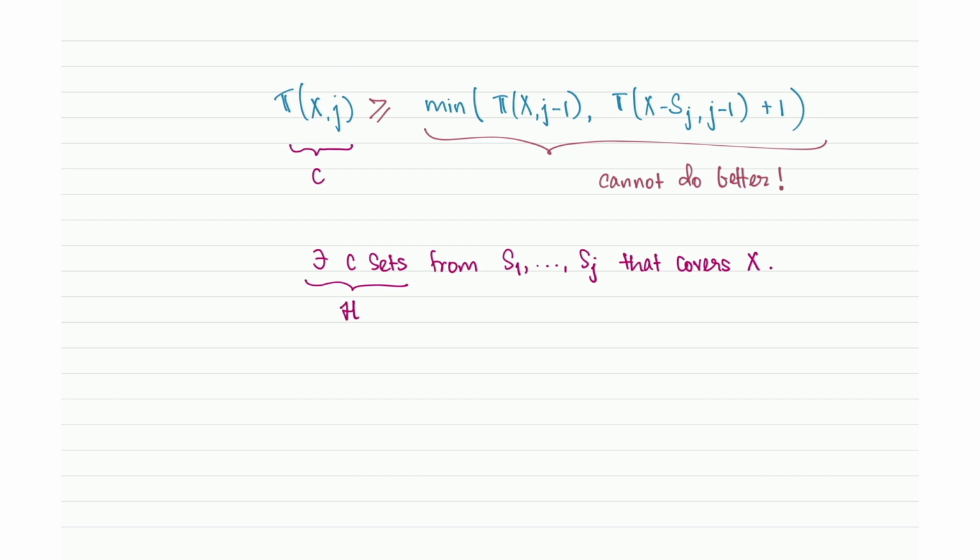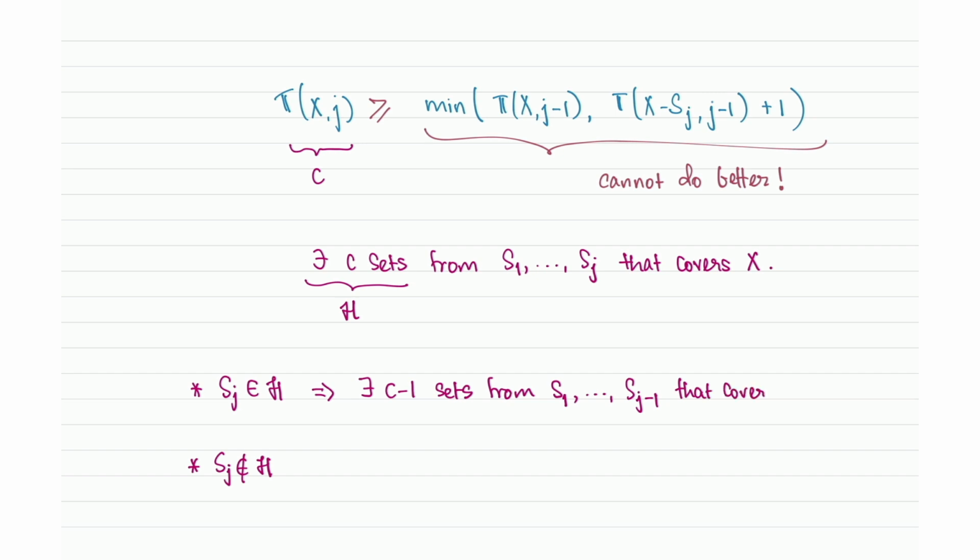Now let's call this collection of c sets H. And let's ask ourselves, like we did when we were coming up with the recurrence, whether Sj belongs to H or not. Now, if Sj does belong to H, then that implies that there is a collection of c minus 1 sets from S1 through Sj minus 1 that covers x minus Sj. And this is simply witnessed by H minus Sj.